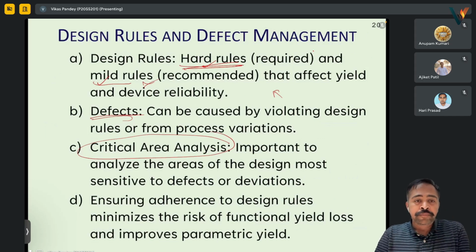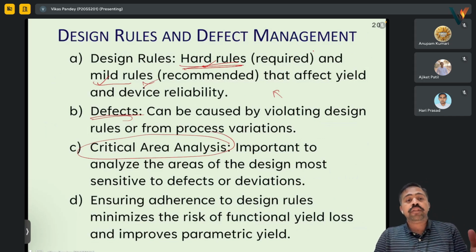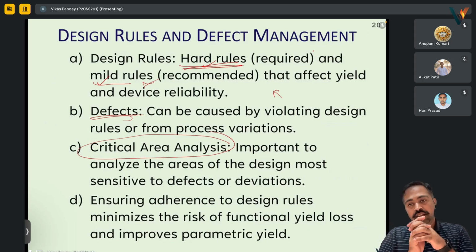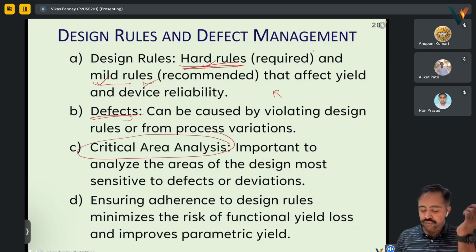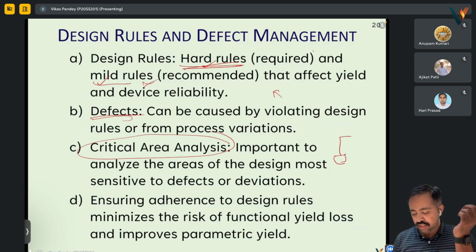So once the process has been done, after each process or after a batch of processes, the critical areas have to be analyzed. Like if you are designing, say, connections, these are big connections, but here we have a small structure which is very close to each other like this.